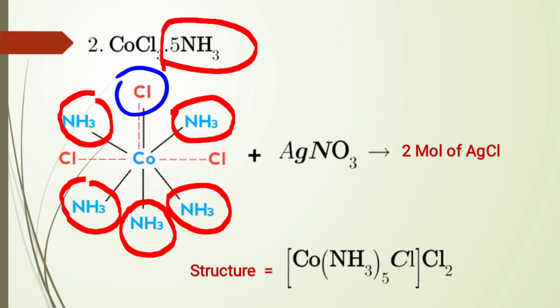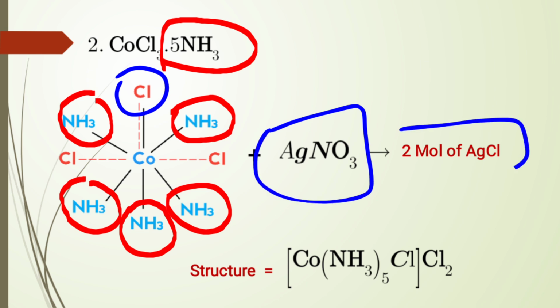Do you understand this? So in this case, it means it is directly attached to the cobalt. So once this is reacted with silver nitrate, we see that 2 moles of silver chloride are formed. Why? Because as we see, only two chlorines can dissolve in aqueous solution and go into reaction.